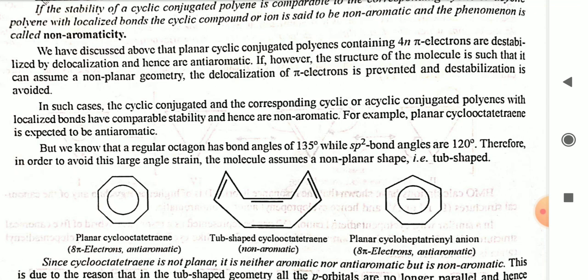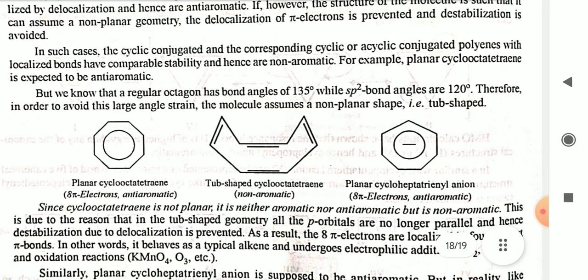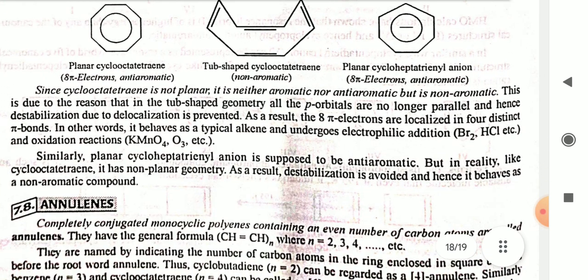For example, planar cyclooctatetraene is expected to be anti-aromatic. But we know that a regular octagon has a bond angle of 135 degrees while sp2 bond angles are 120. Therefore, in order to avoid this large angle strain, the molecule assumes a non-planar shape, like a tub shape. Since cyclooctatetraene is not planar, it is neither aromatic nor anti-aromatic, but it is non-aromatic.